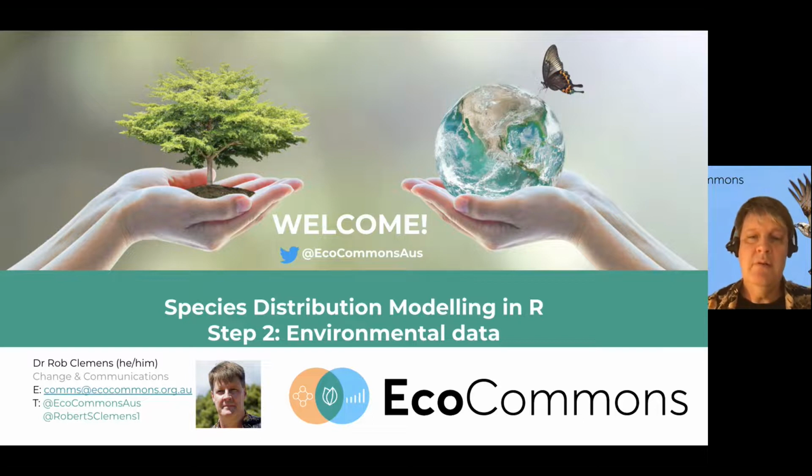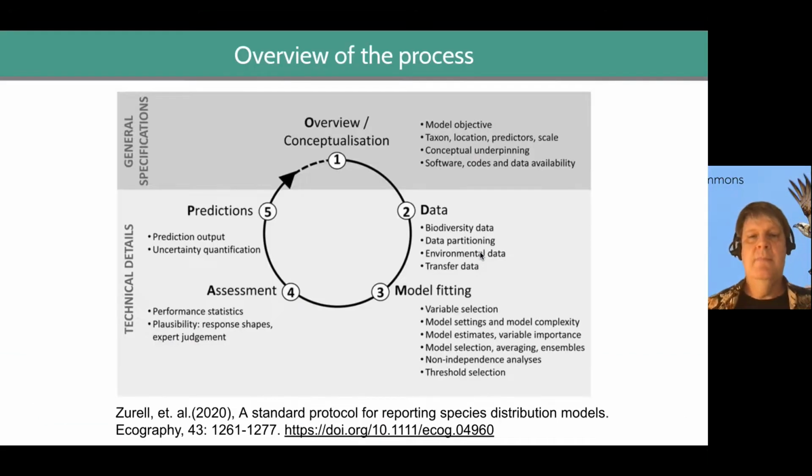Once you've fired up your EcoCommons instance, so you've launched a server in EcoCommons and you're in the cloud, you can begin to think about environmental data. Again, I want to highlight this paper.